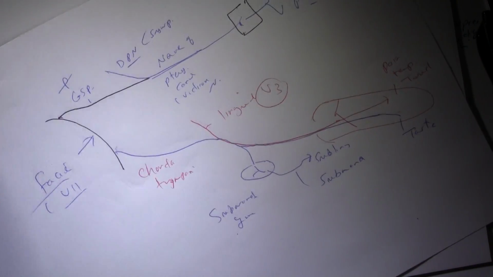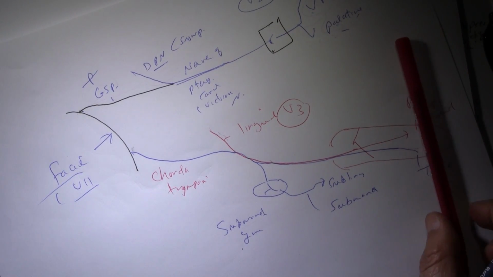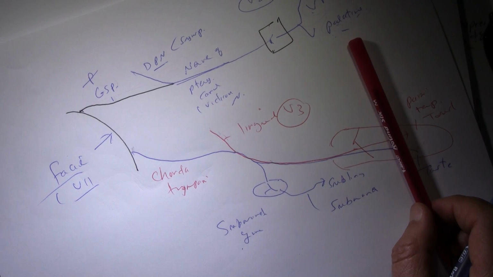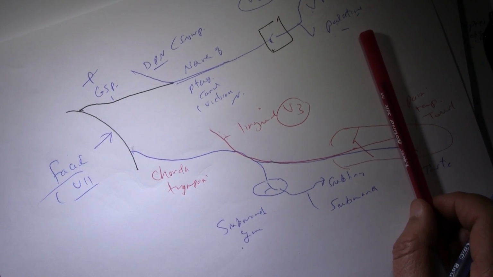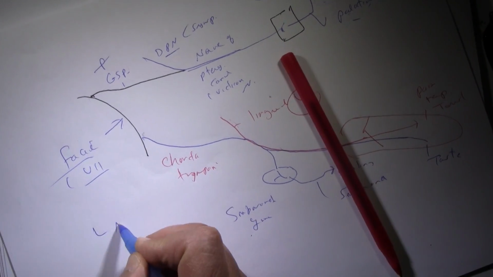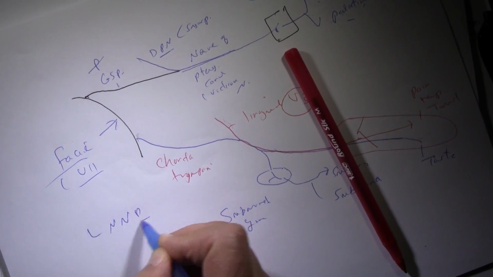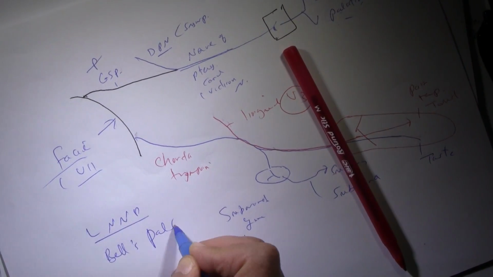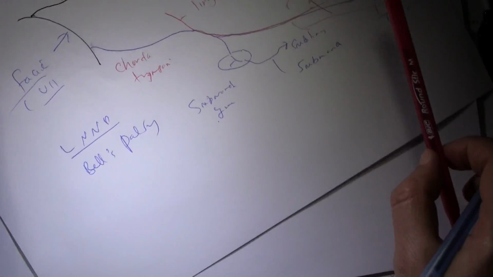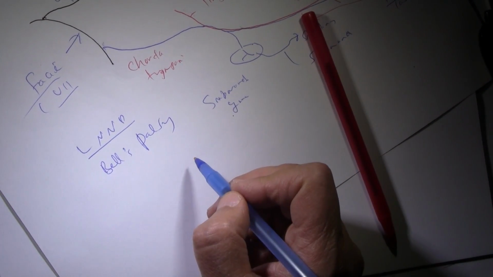So facial nerve paralysis is very important. We talked about how to differentiate between the upper and the lower motor neuron. This is a very important section. The most common form of lower motor neuron paralysis is called Bell's palsy. Bell's palsy is idiopathic, with no known reason.